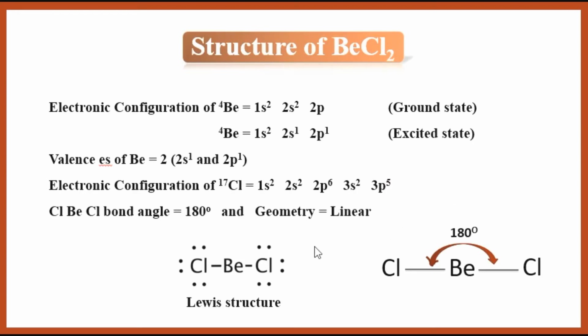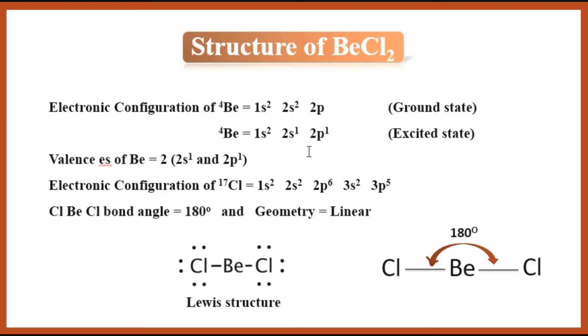To determine the geometry of the beryllium chloride molecule, we see the electronic configuration of beryllium, where the atomic number is 4 and its configuration at the ground state is 1s2, 2s2, and 2p being empty. At the excited state, one electron from the 2s orbital jumps to the 2p orbital, and in this way the 2s and 2p orbitals become partially filled.